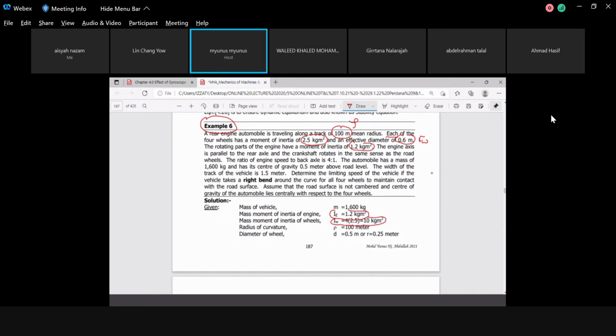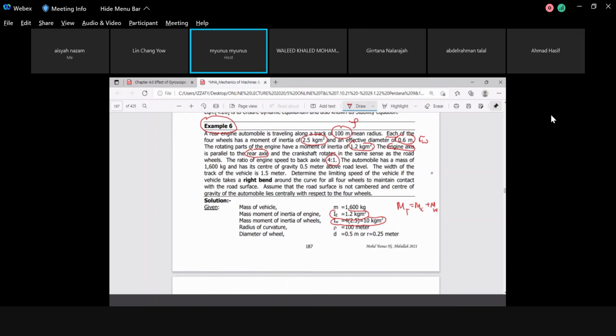And you have the engine axis parallel to the rear axle. So you have M total equal to M engine plus M wheel, with M being the couple. And what else? The ratio of the engine speed to the back axle is 4 to 1.